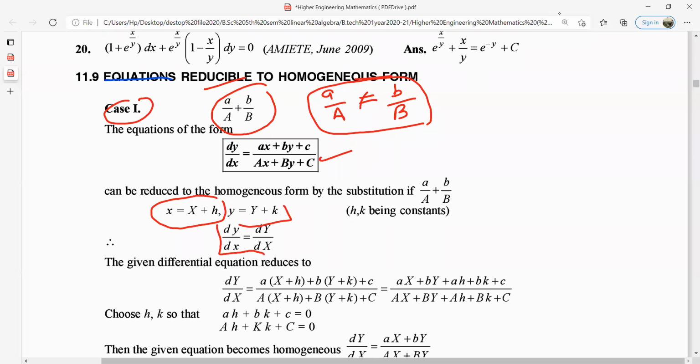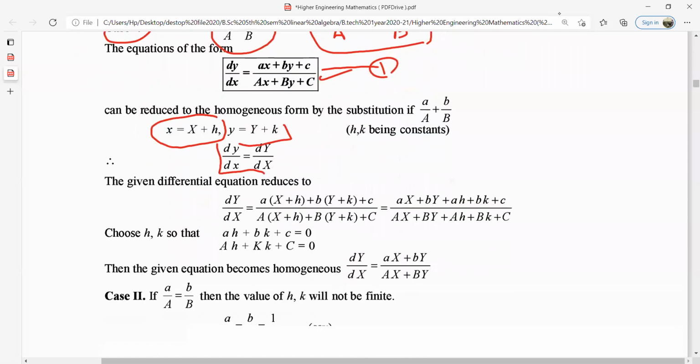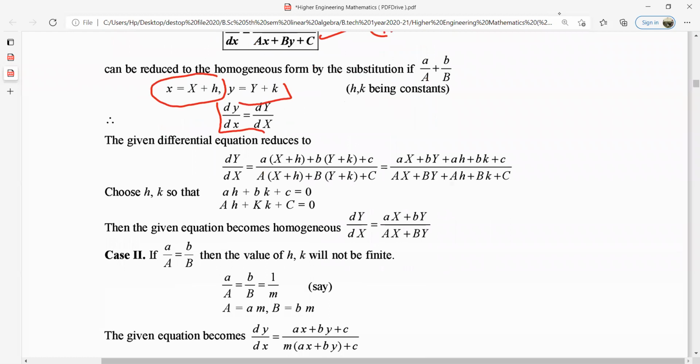After that, putting these all three quantities in this first expression, and after that simplify this expression and taking this part equal to 0 separately, and also taking this part separately and taking equal to 0.